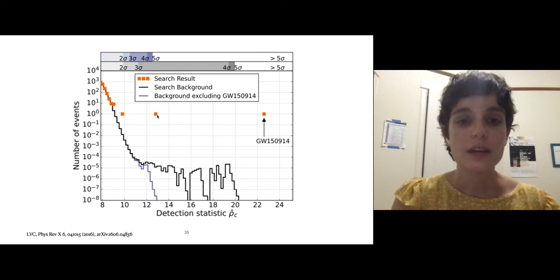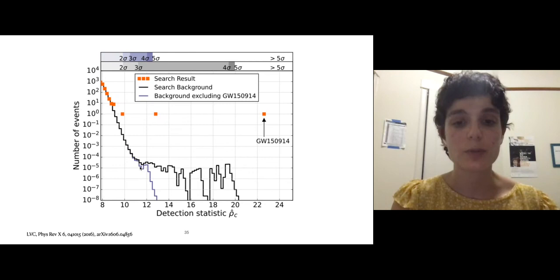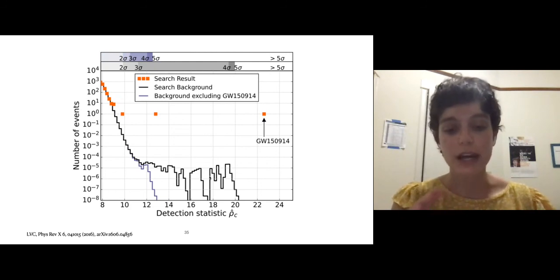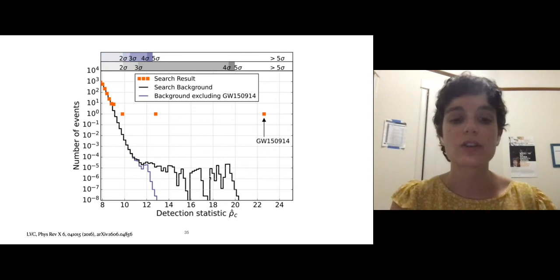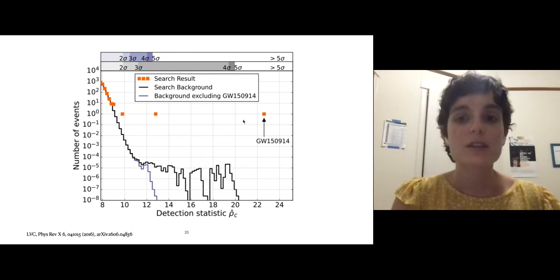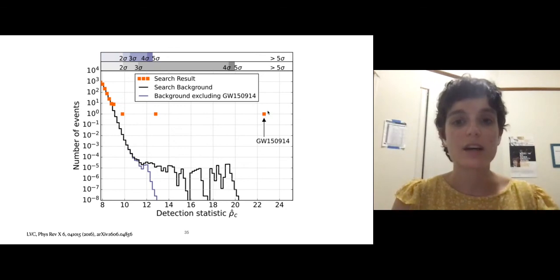And you can actually see there are 2 different noise background distributions here. One is calculated from the time slides, just directly using the real data and doing the time slides between the detectors. And one is calculated from the time slides excluding the chunk of data corresponding to when this signal appeared.